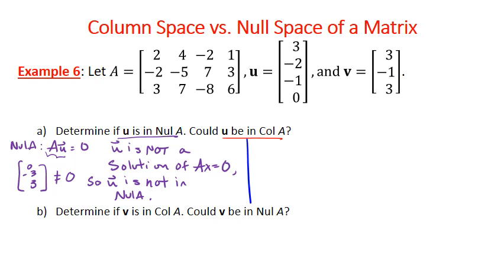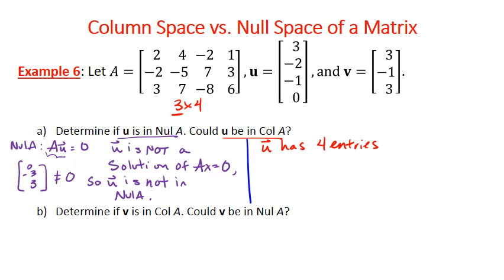Now we want to see if u can be in the column space of A. Well, vector u has 4 entries. And if vector u has 4 entries, I want you to take a look at something here. This is a 3x4 matrix. Remember, the column space of A is a subspace of R3.